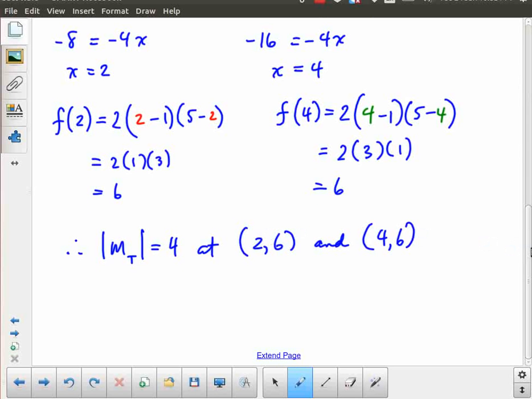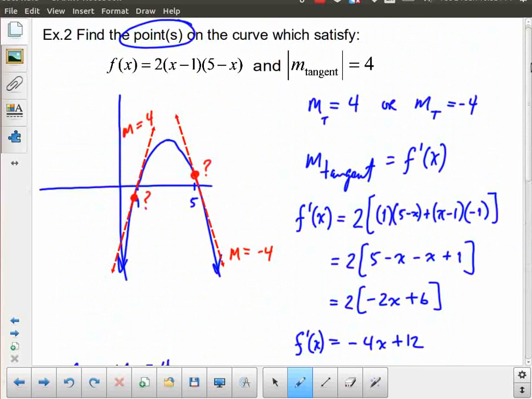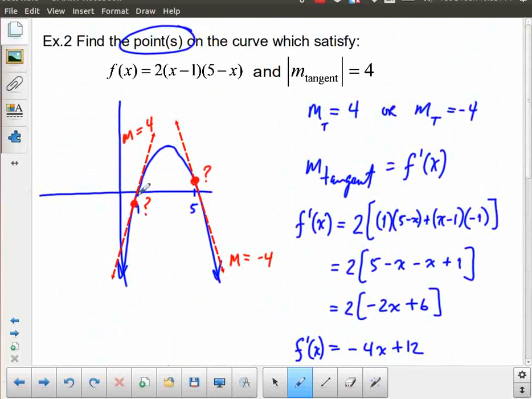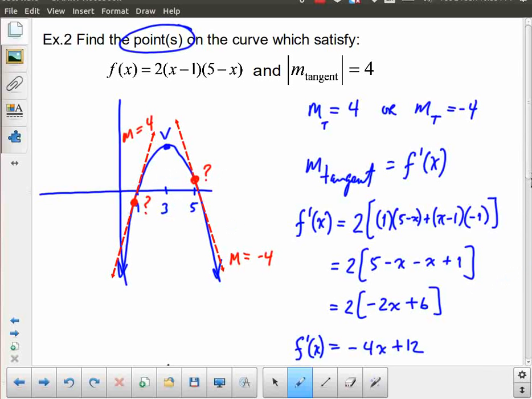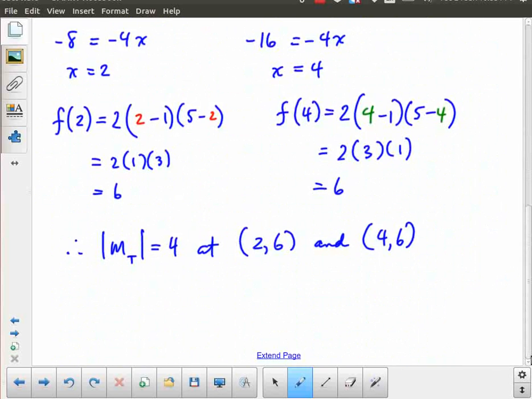The vertex should be at 3. And halfway between 1 and 5 is also 3. So there's our vertex. So there's a lot we could have deduced from this beforehand. But it's nice to see that in our final answer, what we should have anticipated is actually being borne out.